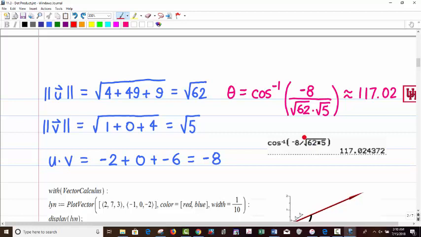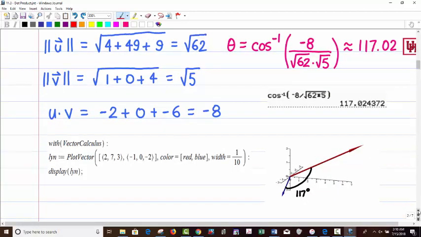Because if you just went negative 8 divided by the square root of 62 times the square root of 5 separately, it would think the square root of 5 was on top. But you see here, I just used radical properties and put the two numbers together under the same square root, which worked. 117.02 degrees.